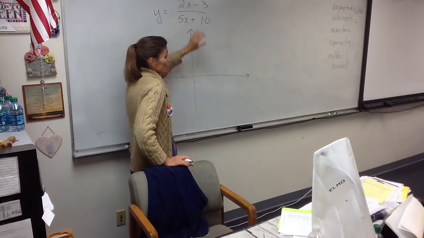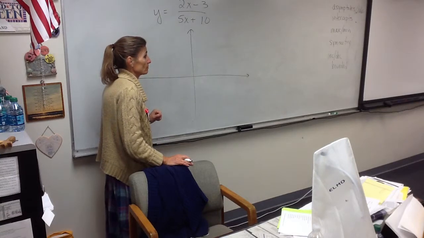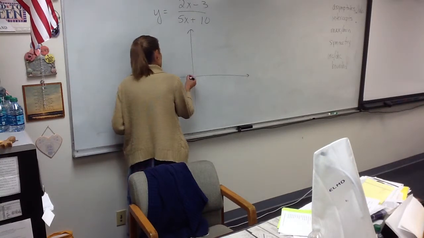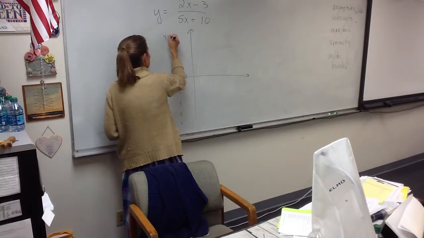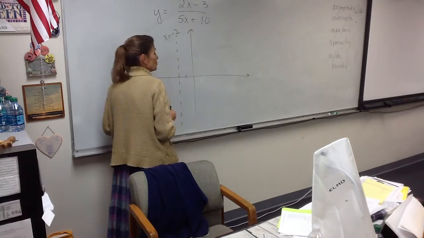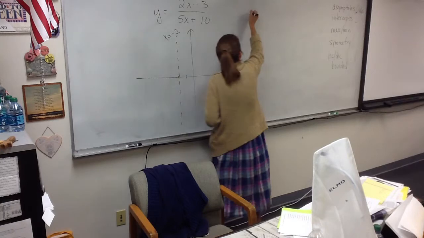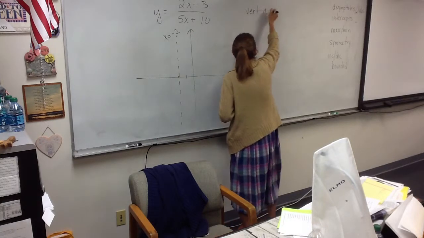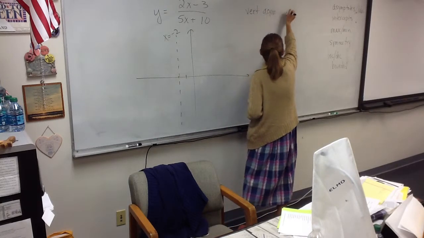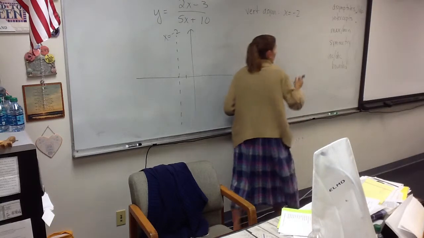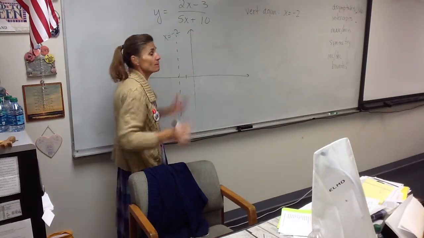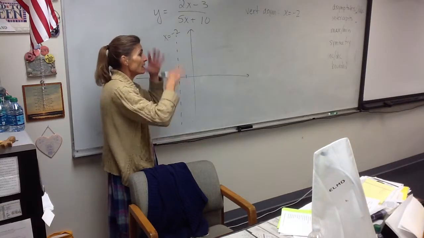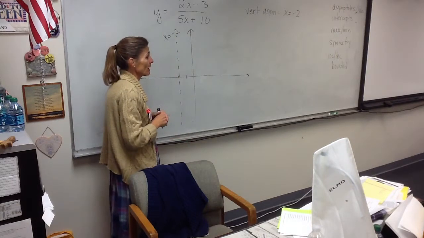X cannot equal -2. That means, graphically, at x equals -2, there is a vertical asymptote. So we're going to have a vertical asymptote at x equals -2 because in this problem, x can't be -2. And cannot be's are graphed as vertical asymptotes.